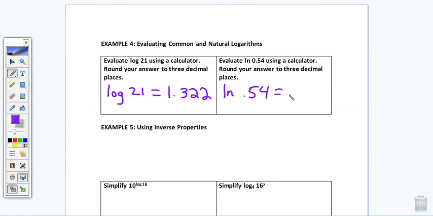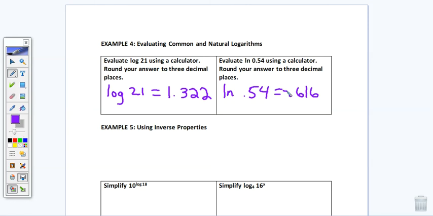Are we all getting 0.616 for natural log of 0.54? Yeah, it should be negative, I'm sorry. And maybe make a note up here: when the value you're taking a logarithm of is between 0 and 1, typically your answers are negative, because they're like a fraction.